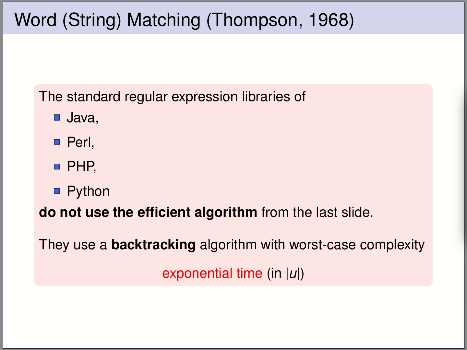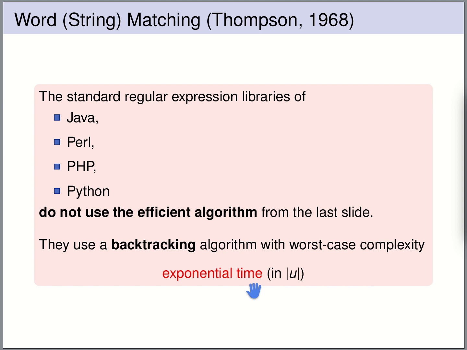So the Thompson word matching algorithm is a very efficient algorithm for finding matches in text. However, a word of caution is needed here, because if you're using standard regular expression libraries, such as from Java, Perl, PHP or Python, then these libraries do not always use this efficient algorithm. These libraries often use algorithms that are exponential in the length of u.